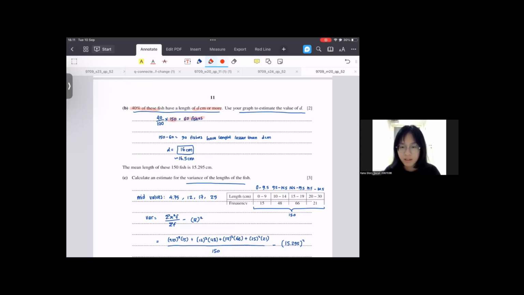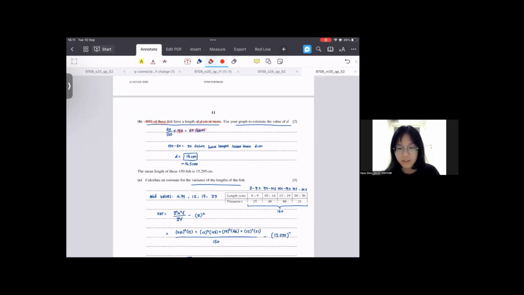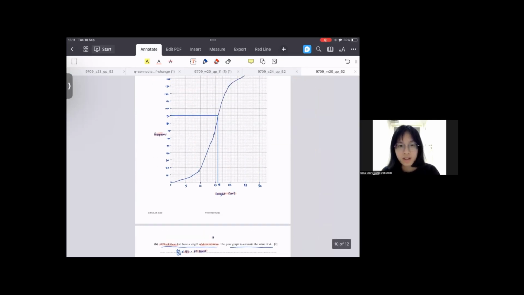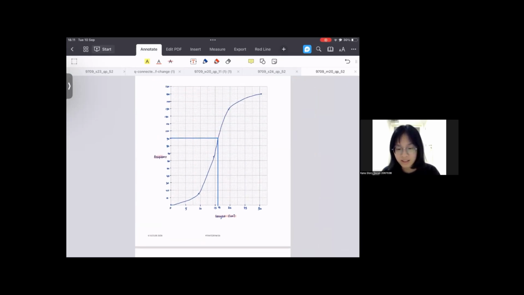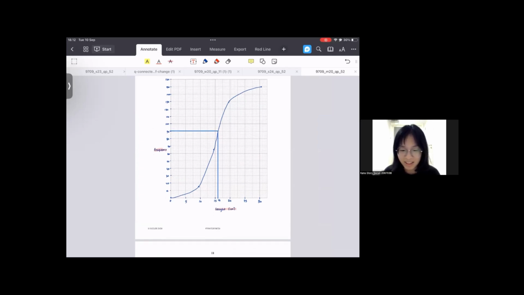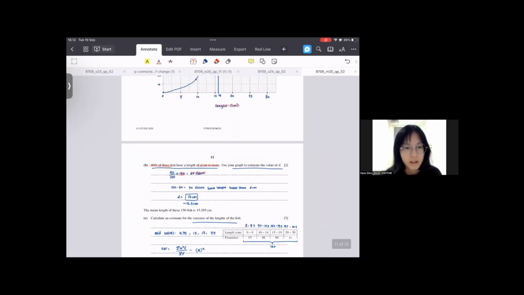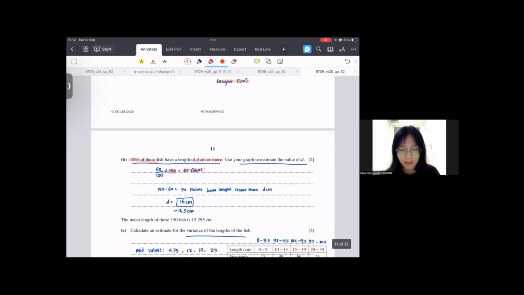But we can only use this graph to find how many fish have lengths lesser than a specific length. So in this case, we calculate how many fish have lengths lesser than d cm by 150 minus 60.